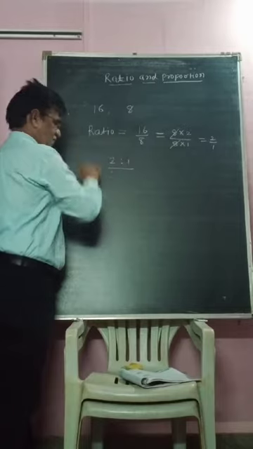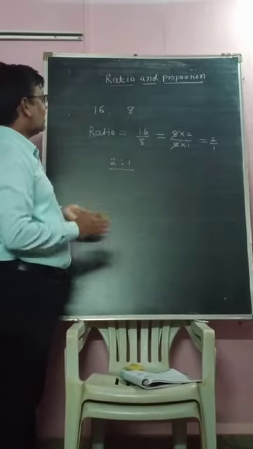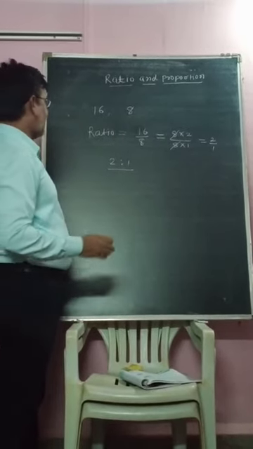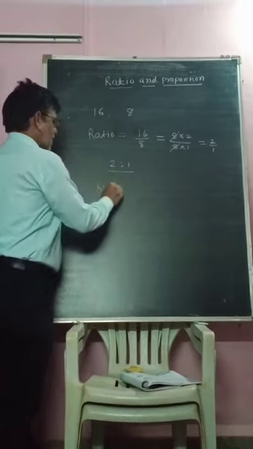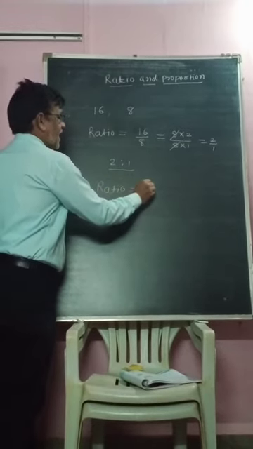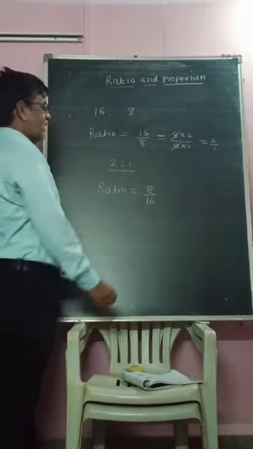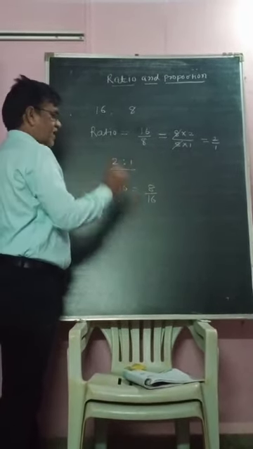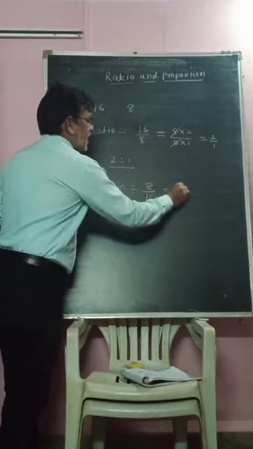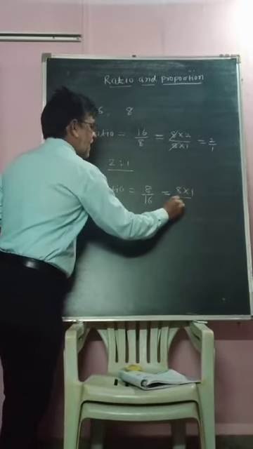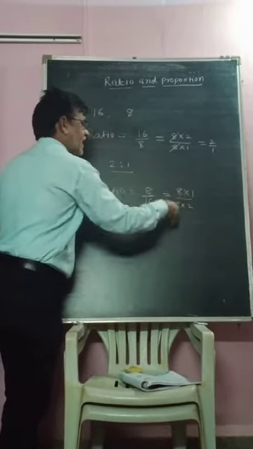When we compare 8 to 16, the ratio is 8 by 16. When we compare the second quantity to the first quantity, it means 8 by 16. The simplest form is 8 into 1 by 8 into 2. It means 8 gets cancelled.